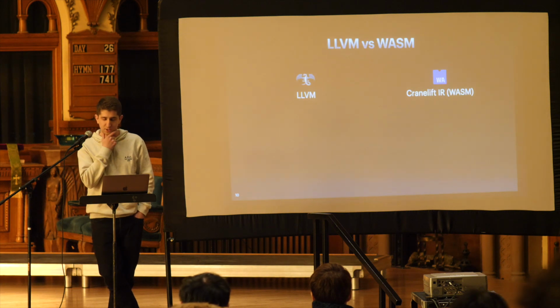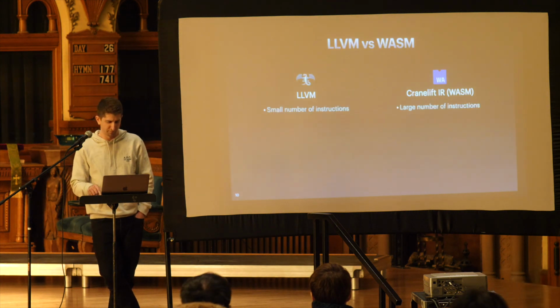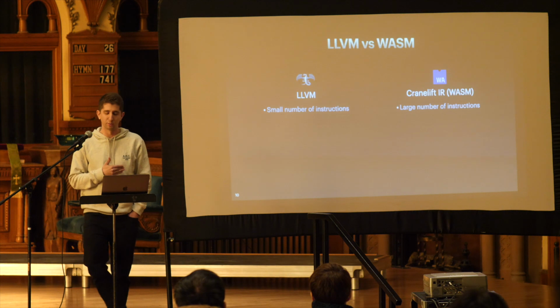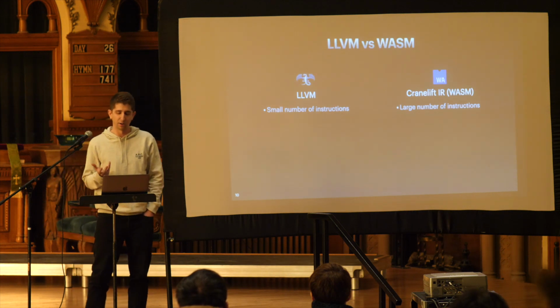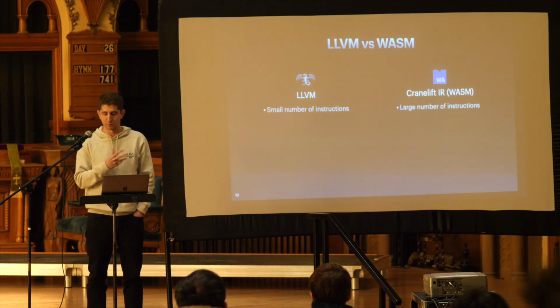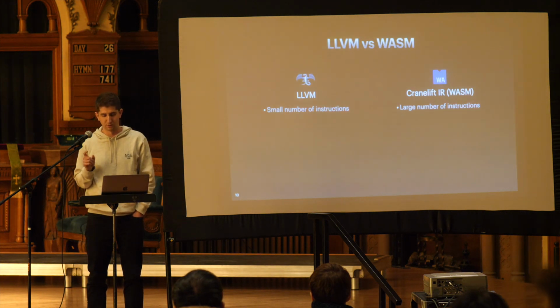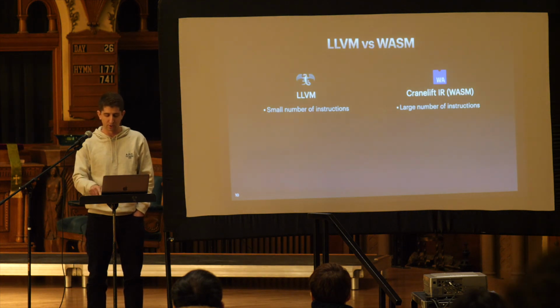So, just a comparison between LLVM and WASM. LLVM has a small number of instructions, but IRs like Cranelift IR, which is very popular to generate WASM and translate WASM to machine code, have a large number of instructions.